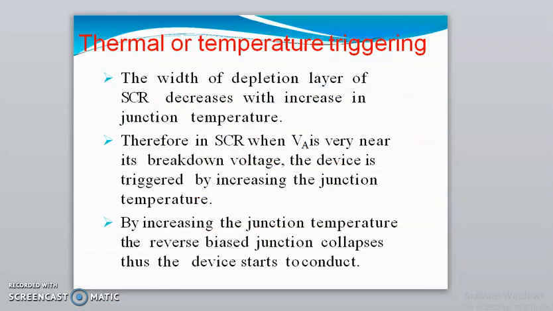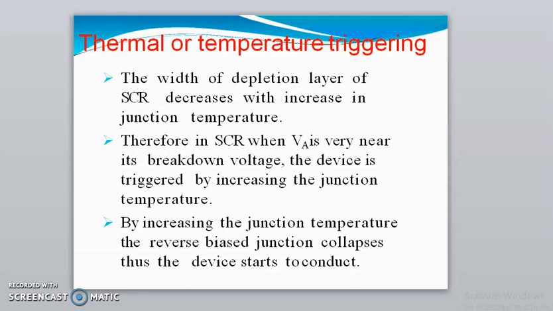Then is the thermal or temperature triggering. In this, when the voltage applied between the anode and the cathode is nearer to the breakdown voltage, then the SCR is triggered by increasing the junction temperature. Again, by increasing the temperature to a certain value, the reverse bias junction will collapse and it will allow the SCR to conduct.